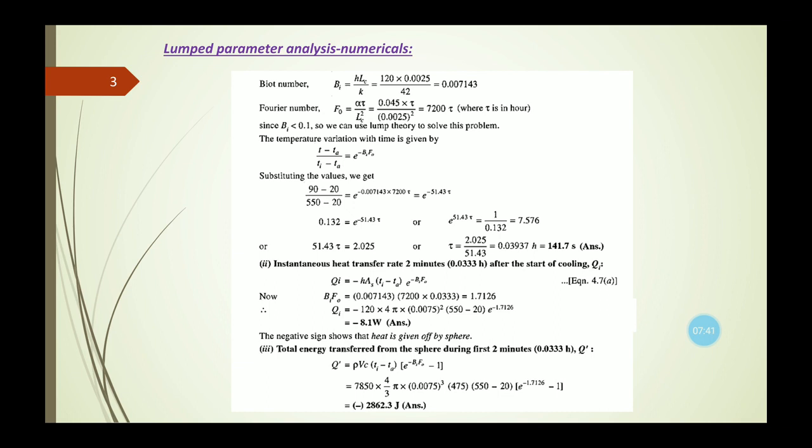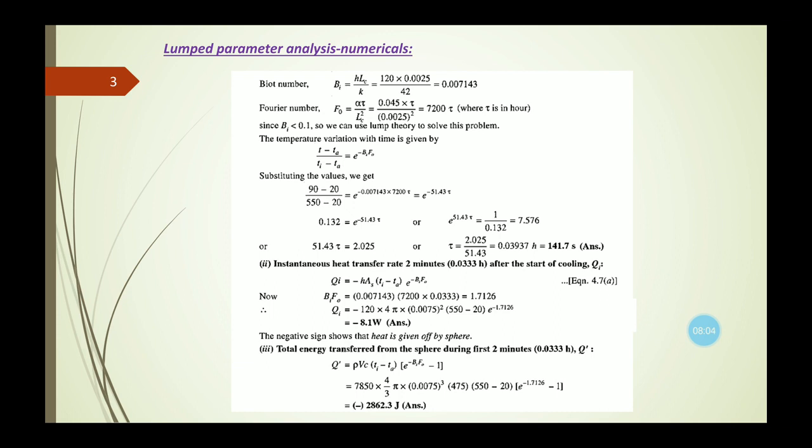Now if we use this formula, the values of Biot number and Fourier number are already known to us. In the case of the Fourier number, we got 7200 multiplied by tau. For the first part of the question, the value of tau we got was 141.7.